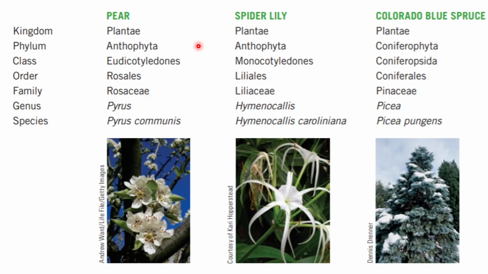So the monocotyledons and eudicotyledons are grouped into the Anthophyta, and Anthophyta, along with the phylum Coniferophyta. Coniferophyta are actually conifers, that are Christmas trees.